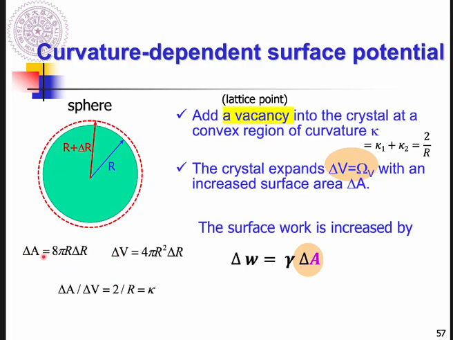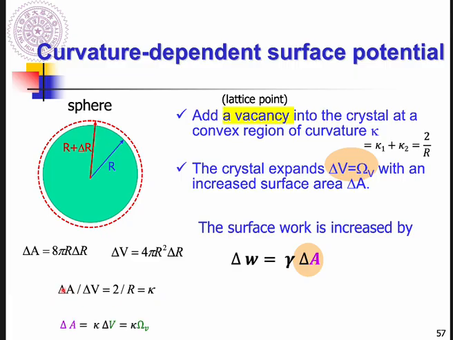The delta A can be written as 8 pi r dr, and the delta V can be written as 4 pi r squared dr. So you divide this delta A by delta V, then you get 2 divided by r, and this is kappa.